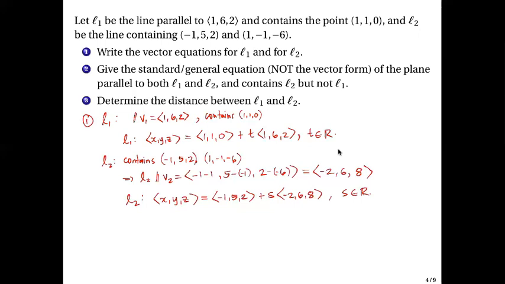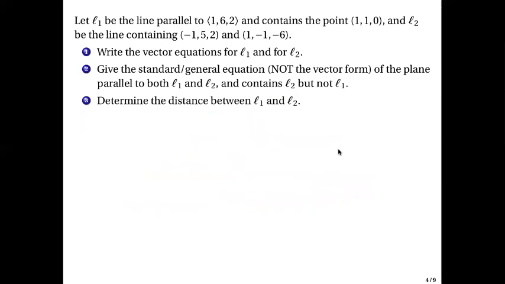To do this, we know that L1 is parallel to V1, and your V1 is given here as <1, 6, 2>. We've calculated that L2 is parallel to V2, and your V2, when we calculated it, was <-2, 6, 8>.